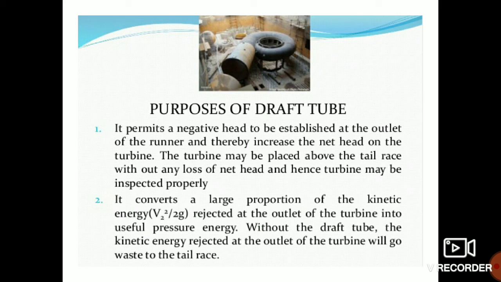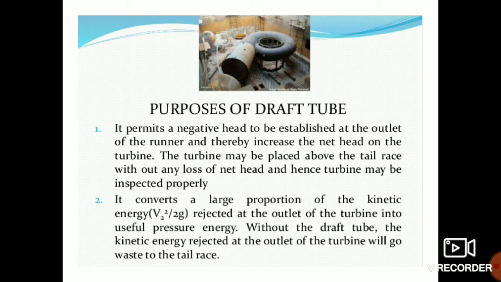But by providing an airtight draft tube, it is possible to establish a negative head at the outlet by an amount equal to the height of the runner outlet above the tail race. Thus, by providing a draft tube, it is possible to install the turbine above the tail race without loss of head. This makes inspection and repairing work of the turbine easy.